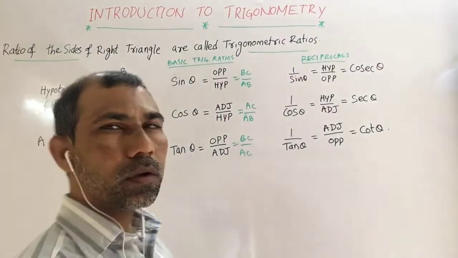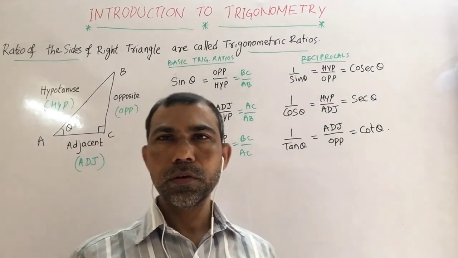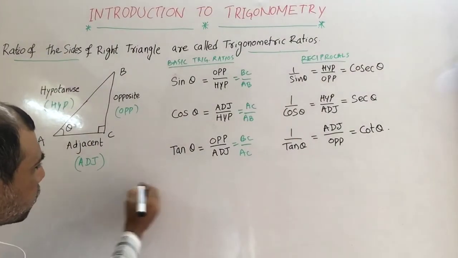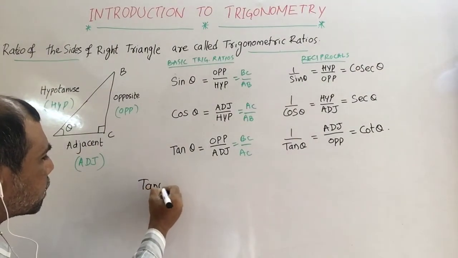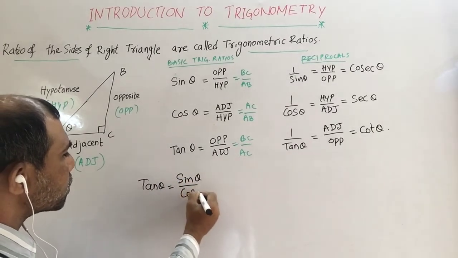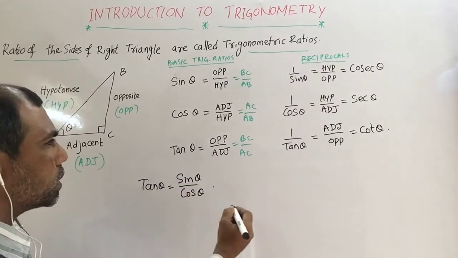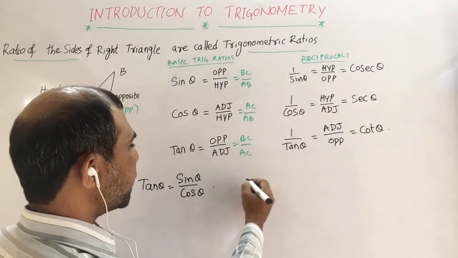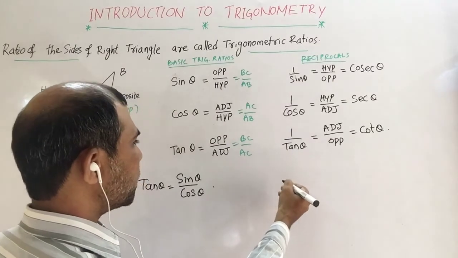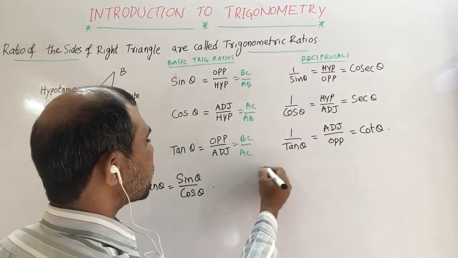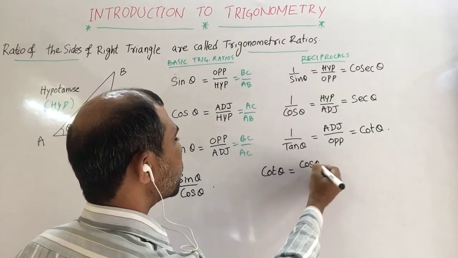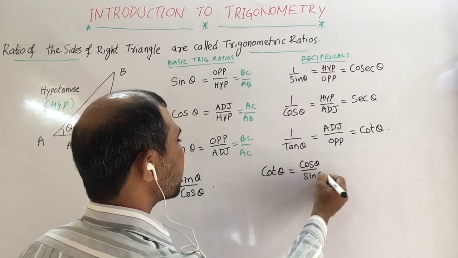So keep in mind that tan theta can also be written as sin theta over cos theta. At the same time, cot theta, the reciprocal of tan theta, is equal to cos theta over sin theta.